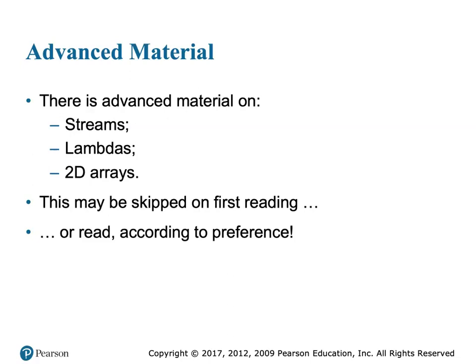It has adopted some ideas from languages that have come after it that had to be bolted onto the side, that are not necessarily following the same syntactical structure. And so we will talk a little bit about streams and lambdas, and we'll talk a little bit about sparse two-dimensional arrays. But we will skip most of that, and we'll come back to them when they're most important to us, when we get to graphical user interfaces.